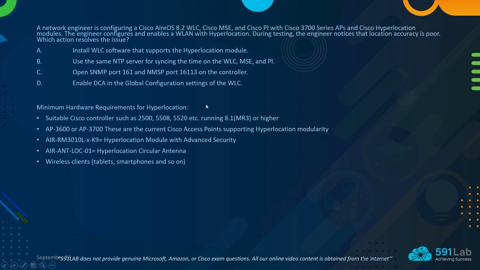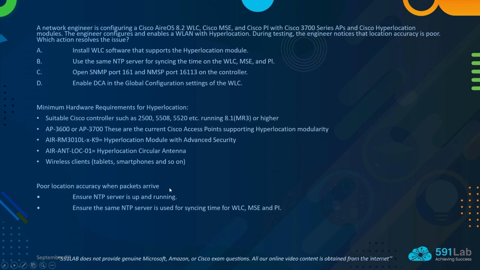Now, if you open the Cisco hyperlocation poor location accuracy troubleshooting page on the Cisco platform, you're going to see basically two options that mention very important points when you get poor location after enabling hyperlocation. One of them is ensuring that the NTP server is up and running, and that the same NTP server, which is the time server, is used for syncing time for the three platforms: the WLC, the MSE, and the Prime.